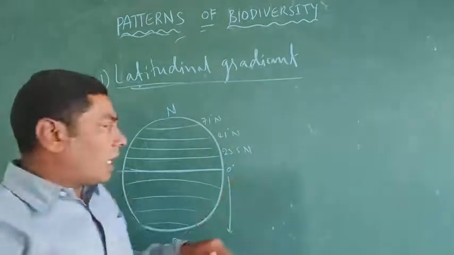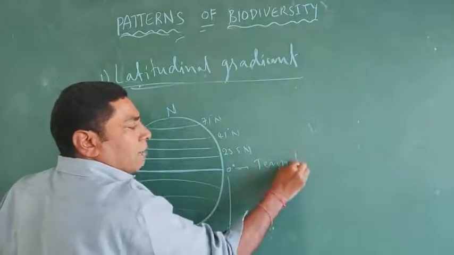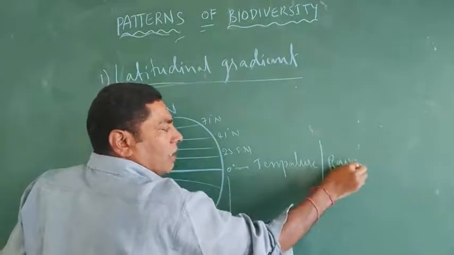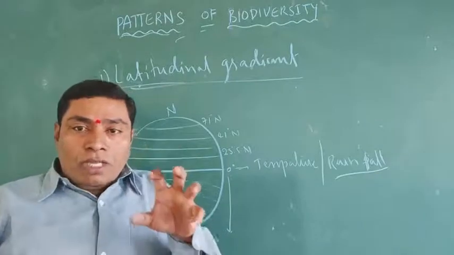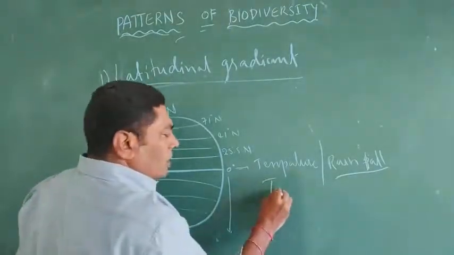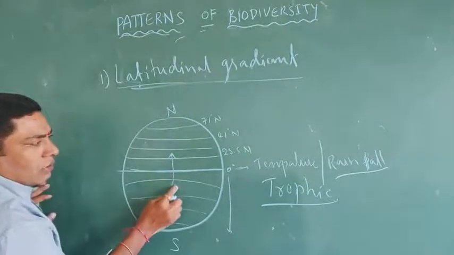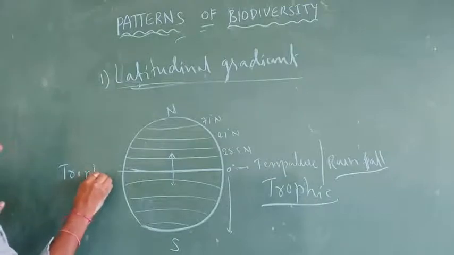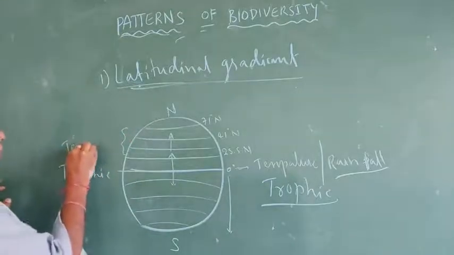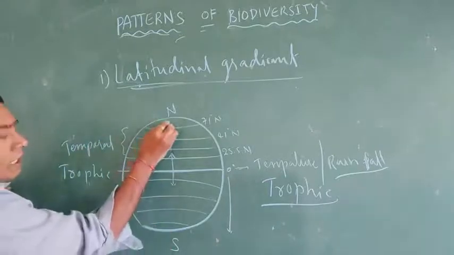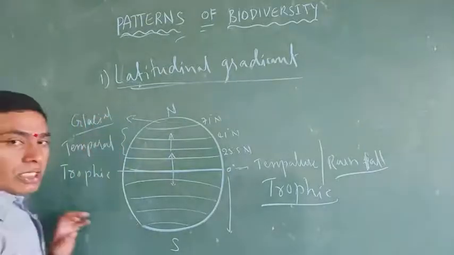At 0 degrees, the equator, the temperature is high, and the annual rainfall, the precipitation, is also high. This is known as the tropical region. Up to 23.5 degrees of the northern and southern latitudes is known as the tropical region, and about 23.5 to 60 degrees is known as the temperate region. Then there is the polar region, the cool region, the glacier.